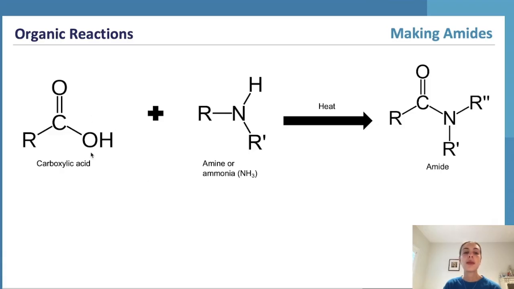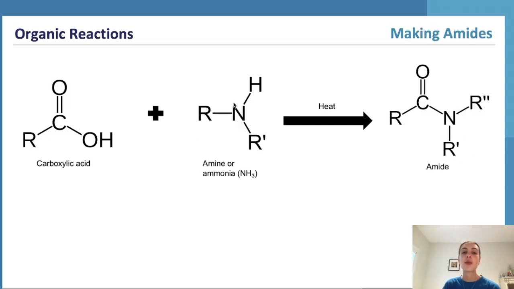So for example, when we combine the carboxylic acid and either the amine or the ammonia, we're breaking the bond where the OH, the hydroxyl section, is on the carboxylic acid, and we're removing that, and then we're joining that to where the hydrogen was on either the amine or the ammonia. And so this forms the amide, with the part with the double bonded oxygen being the carboxylic acid section, and the part with the nitrogen being either the original amine molecule or the ammonia section.